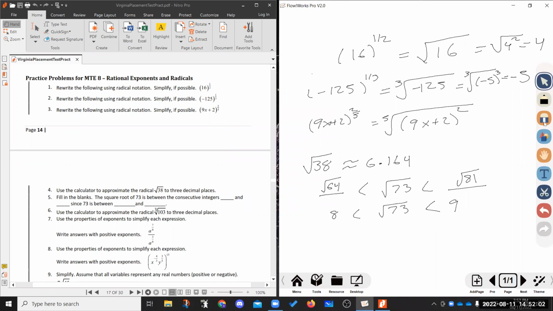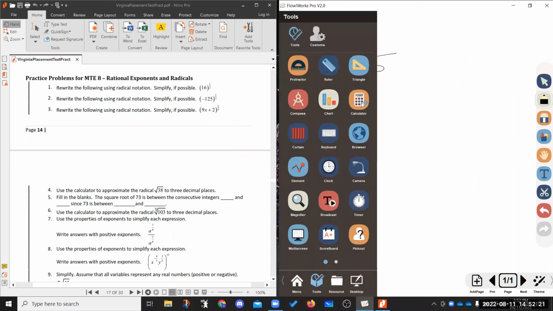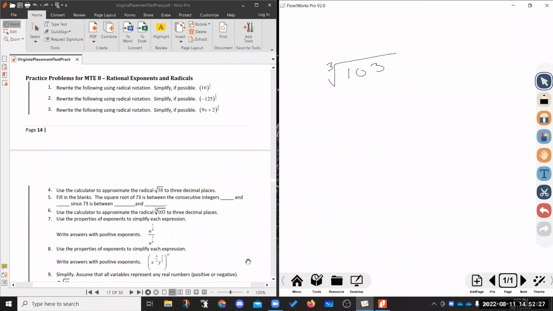Now we're going to use the calculator to approximate the cube root of 103. You're going to have to use a scientific calculator for this. I don't think this basic one is going to be able to give me any exponent that I want. No, it won't, so I'm going to have to change calculators.